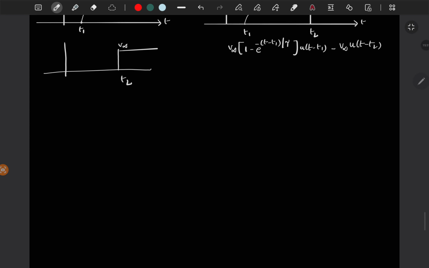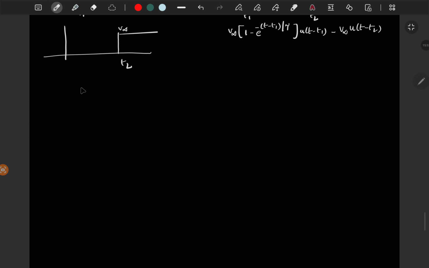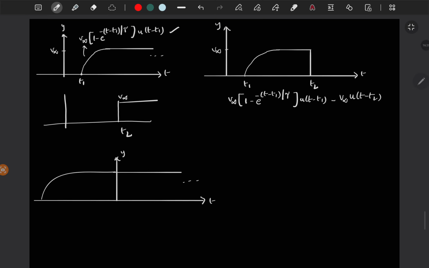And let's say we will take one more example. We have this equation, and this is going till t tends to infinity. So this is simple.